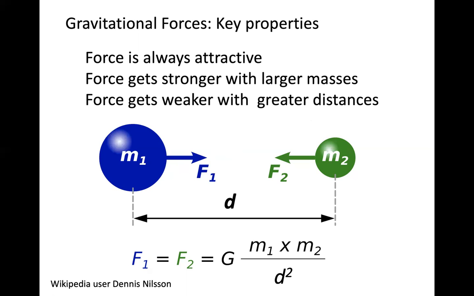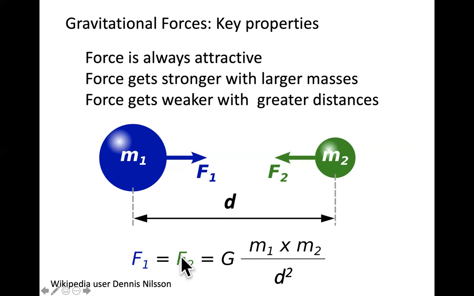But then there's the question of what the strength of these forces are. And the strength of the force depends on two parameters: the masses of the two objects and their separation. The force gets stronger if you increase the mass of either object.